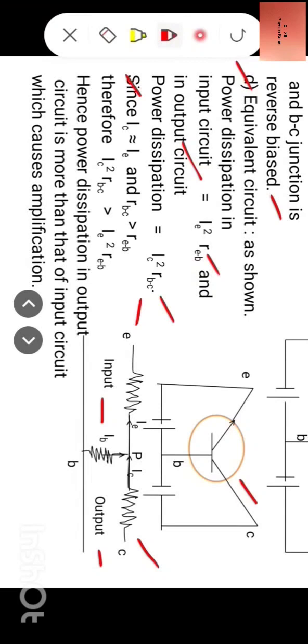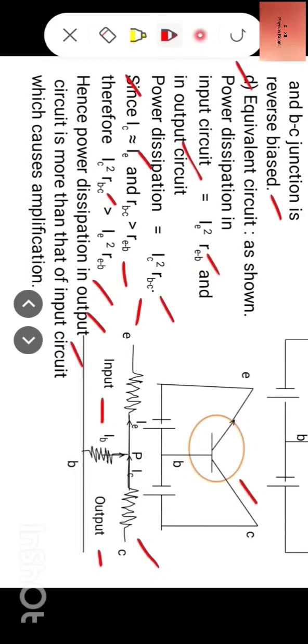Now since IC is approximately equal to IE and RBC is greater than REB, therefore IC square RBC would be greater than IE square REB. Hence, power dissipation in output circuit is more than that of input circuit, which causes amplification.